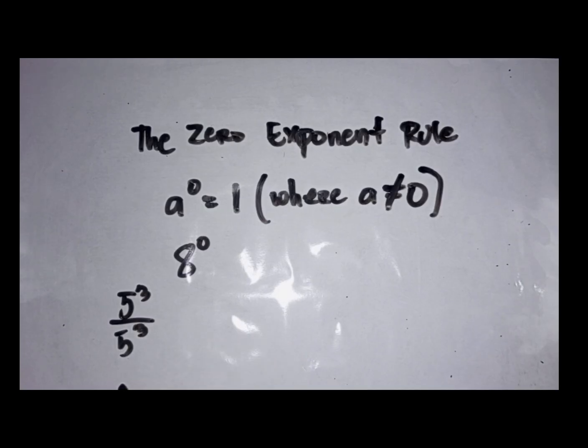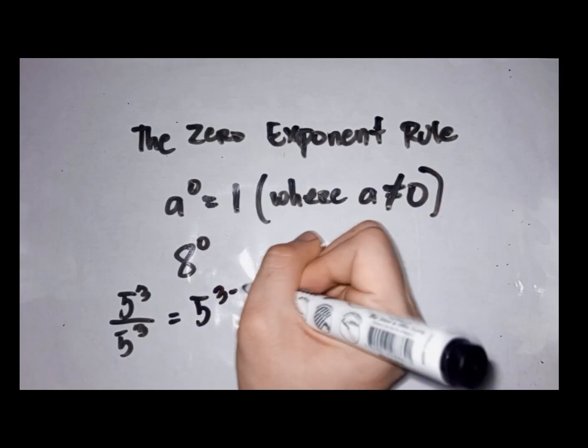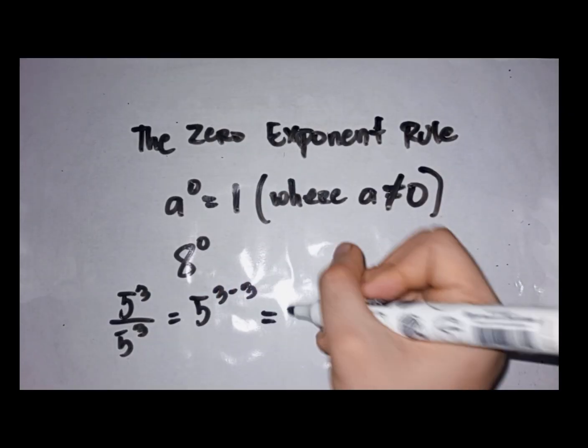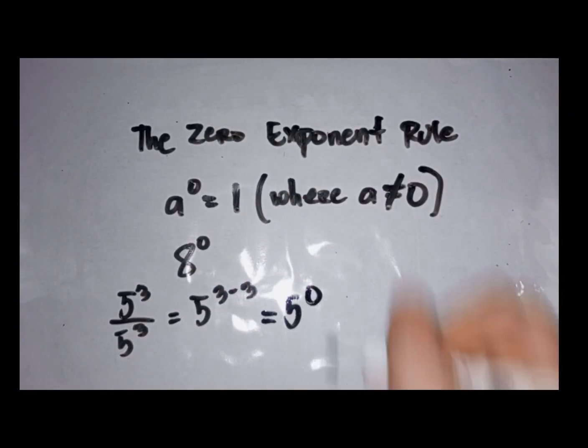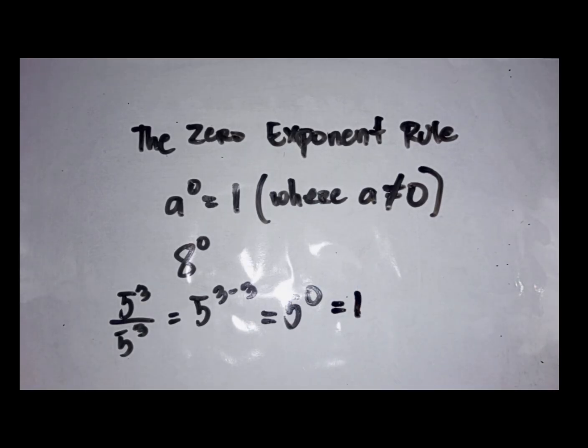But if we apply the quotient rule, we get 5 raised to 3 over 5 raised to 3 is equal to 5 raised to 3 minus 3. That is 5 raised to 0. Okay, since both answers must be the same, we can logically conclude that 5 raised to 0 is equal to 1. This works for any base. So that is the zero exponent rule.